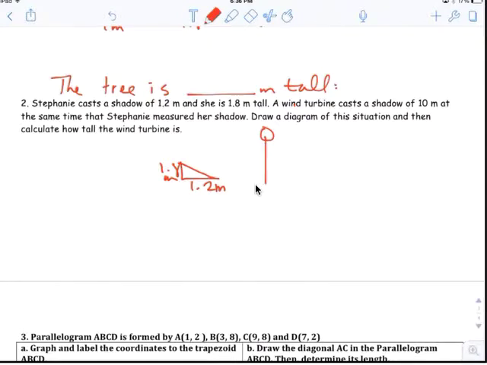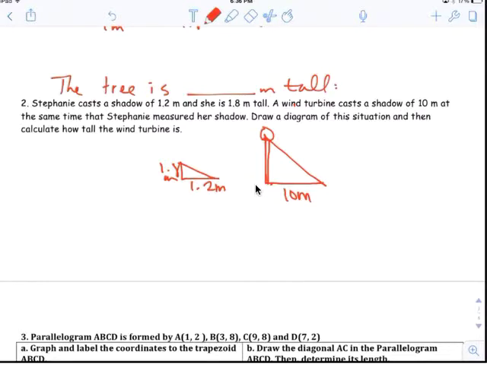That's a wind turbine, and she casts a shadow. I explained it wrong during fourth period. The wind turbine casts a shadow that's 10 meters. At the same time that Stephanie measured her shadow. Okay, there's a wind turbine. Draw a diagram of this situation and calculate how tall the wind turbine is.